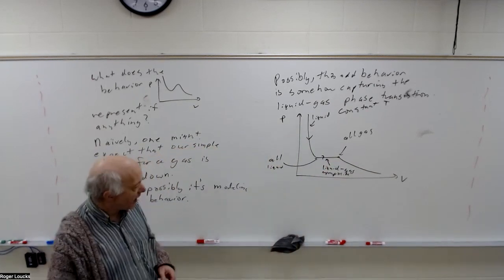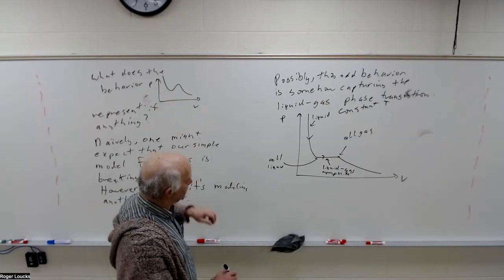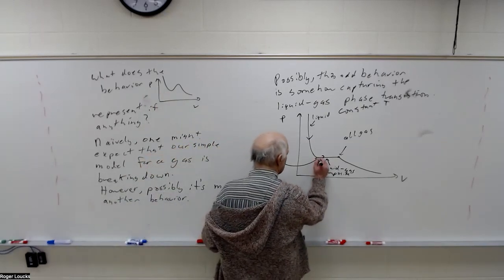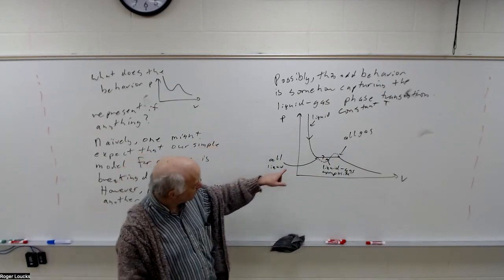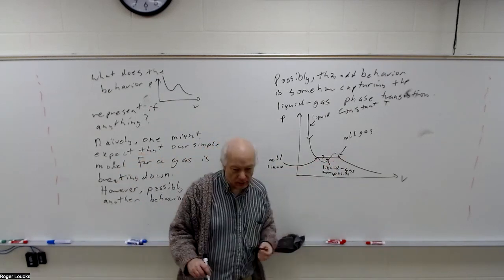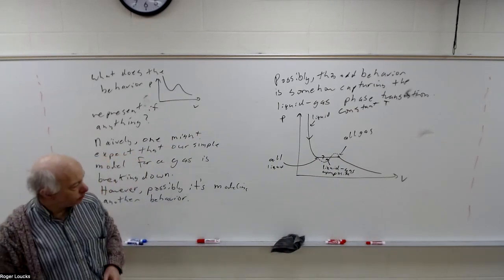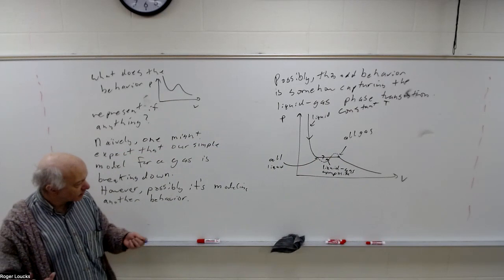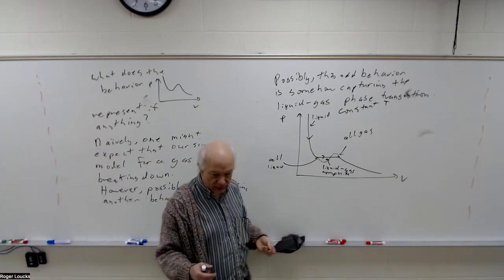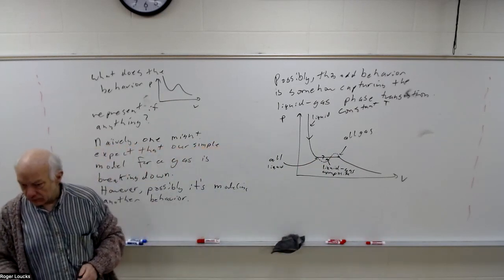Okay. When you actually look at this behavior, it looks like that. So this behavior possibly is modeling that. Now the question is, how do you connect this to that? Okay, does this make sense?